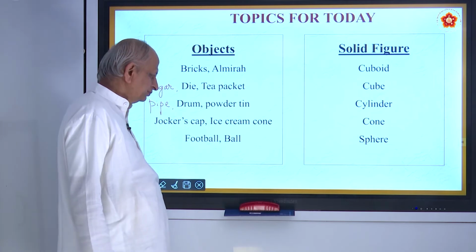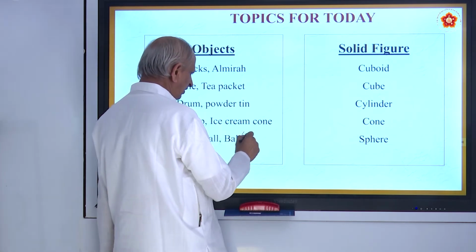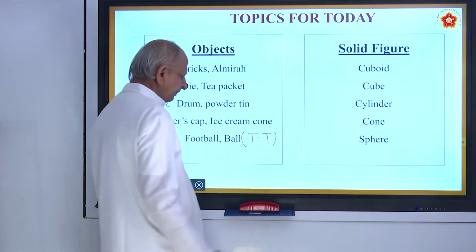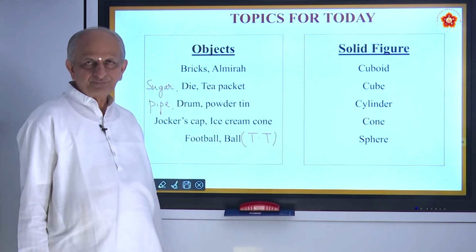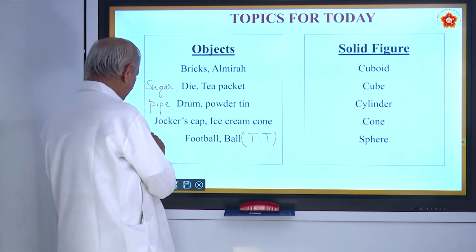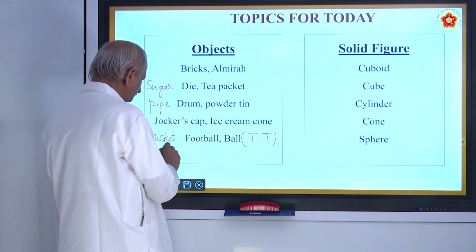And football. TT ball is a perfect example of a sphere. Table tennis ball. Even your cricket ball is also a very good example. Even there are some chocolates. The chocolates will be there inside the ball.